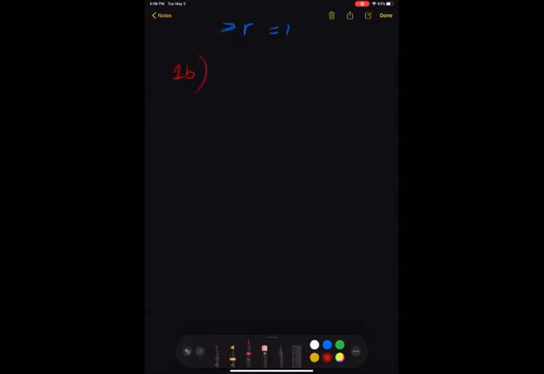1b says w plus 18 equals 22. We have addition here, so the inverse operation is subtraction. We're going to subtract 18 from both sides. So that's going to be w plus 18, that's our original. Then we're going to do minus 18 equals 22.